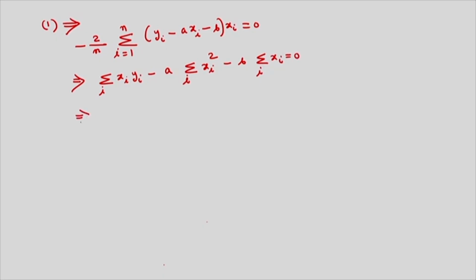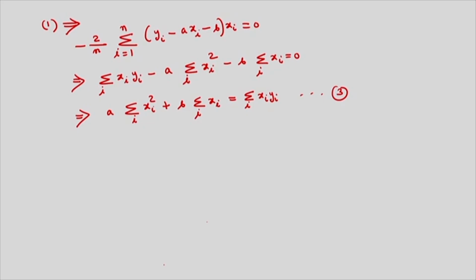Corresponding to this, a summation of xi square plus b summation of xi is equal to summation of xi yi. I can write it like this. This is equation number 3.